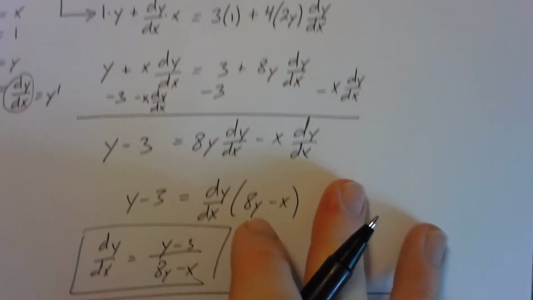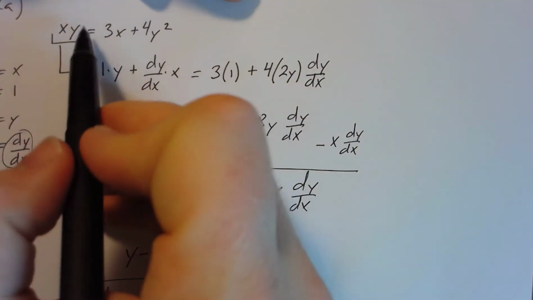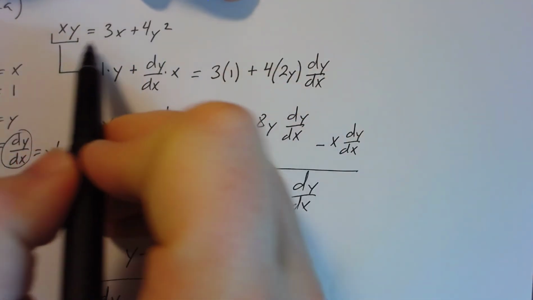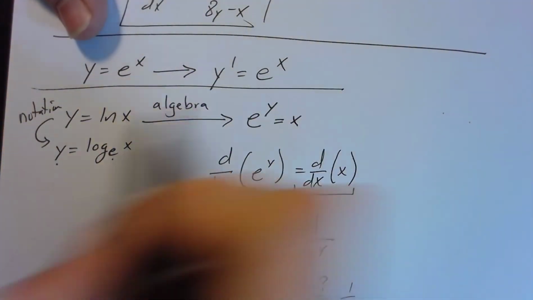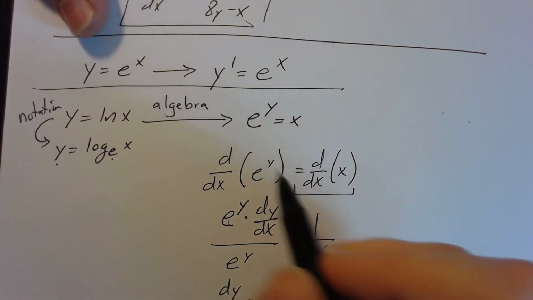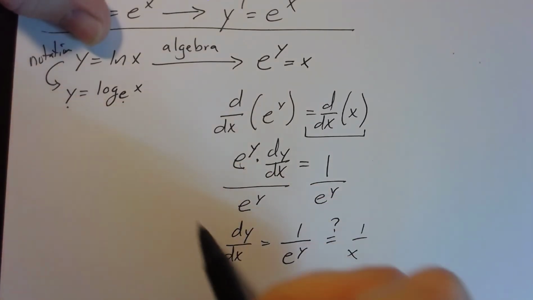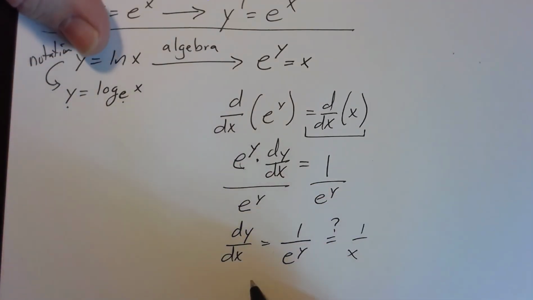Now in the previous implicit differentiation problem, there was no efficient way to solve for y. But in this problem, y equals the natural log of x. So I can immediately make that substitution down here, which provides me with 1 divided by e to the power of the natural log of x.